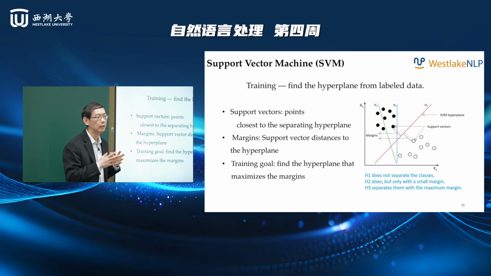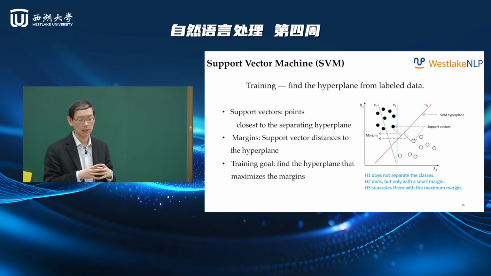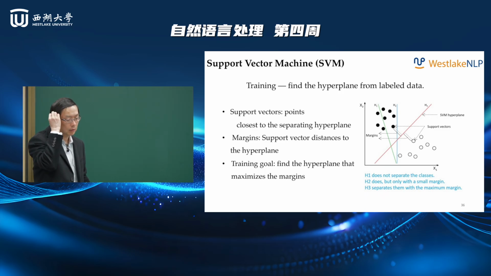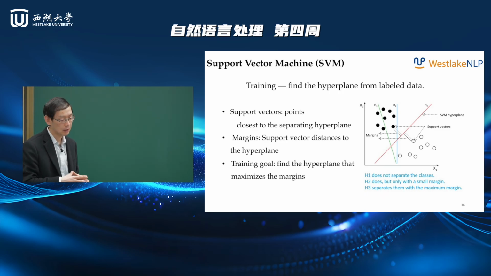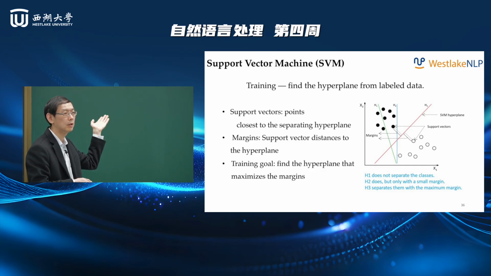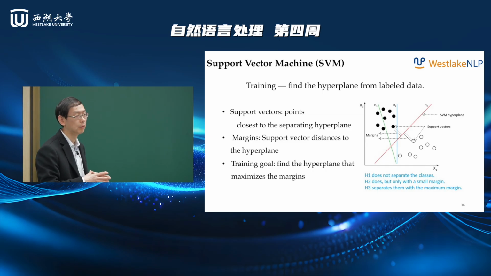The red line can separate them. The vertical blue line can separate them. The tilted blue line can separate them? No. So you want to choose from those that can separate the dots. Do you want to choose the red one or the blue one?